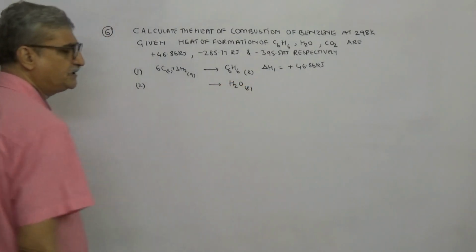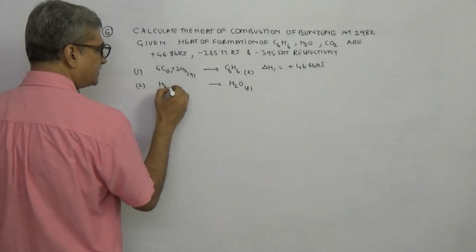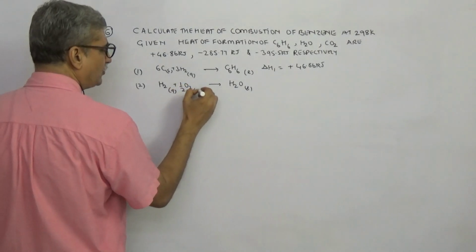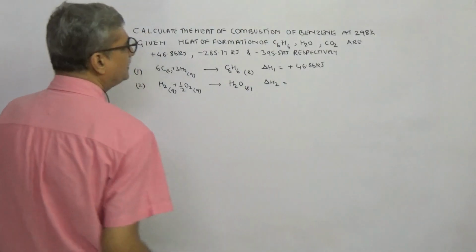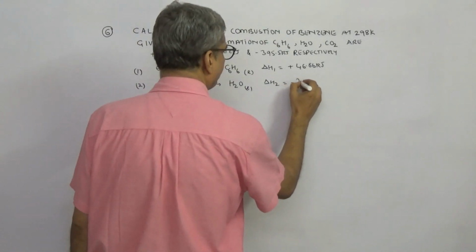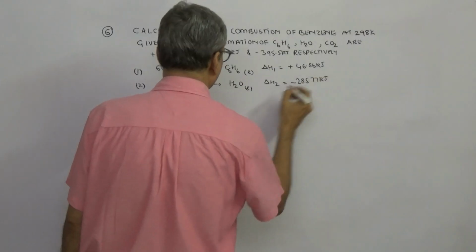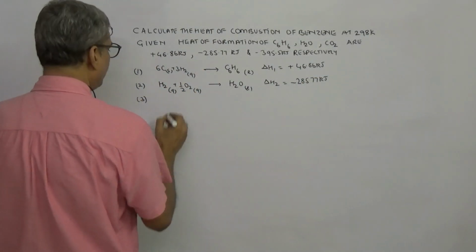The second one that we have is heat of formation of water. What is heat of formation? 1 mole of water is formed from the elements in the standard state. So we have H2 gas plus half O2 gas. So this delta H2 value will be equal to minus 285.77 kilojoule. Then the third one is heat of formation of carbon dioxide.